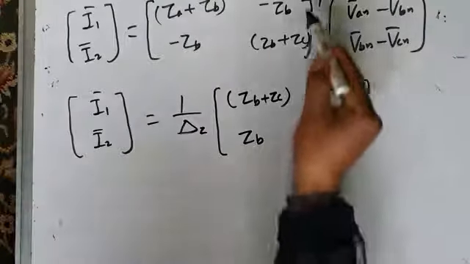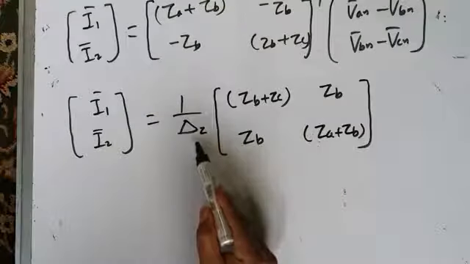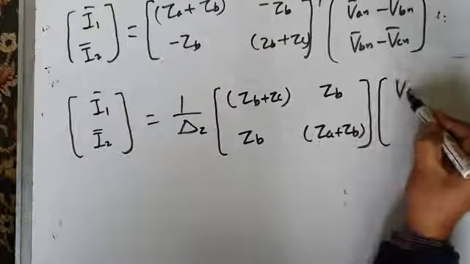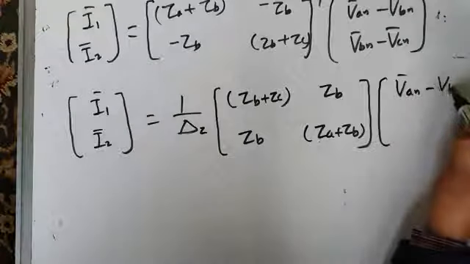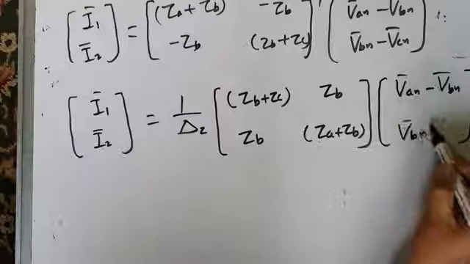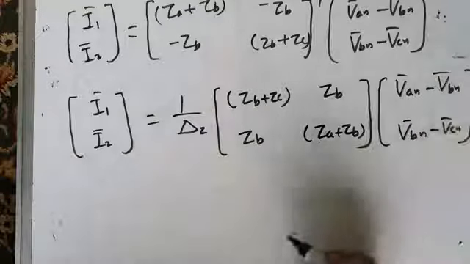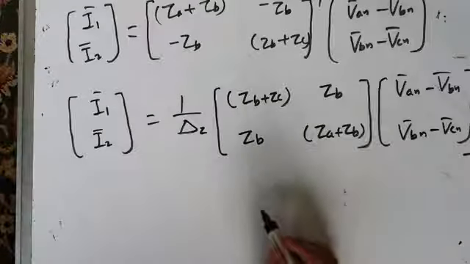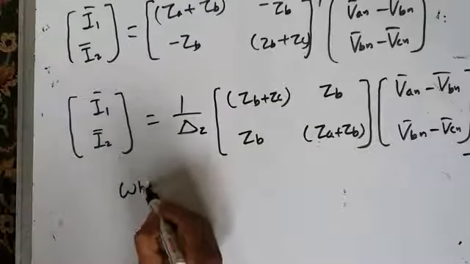When you find inverse of this matrix, it will be 1 by delta Z into this matrix, into VAN minus VBN, and second row is VBN minus VCN. Okay. Let us call this equation 1.